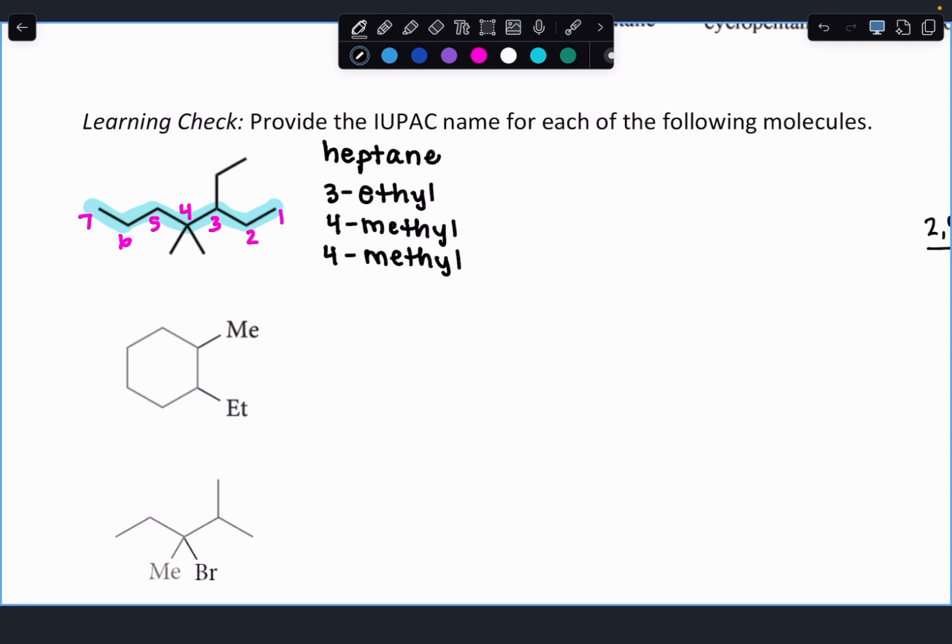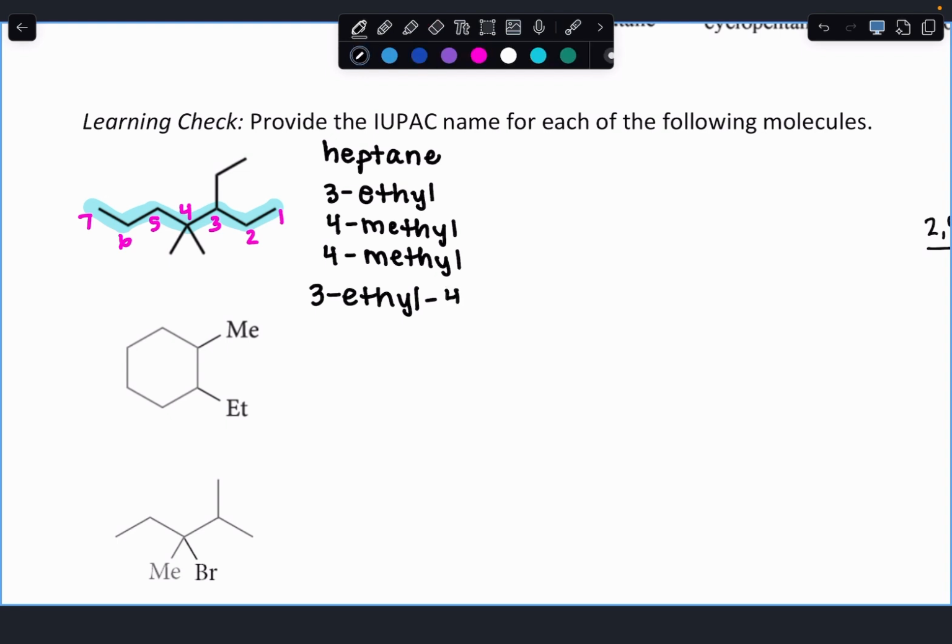Questions before I put it together on how I got those substituents or numbers? Okay, so now we order substituents alphabetically. Ethyl, the E comes before M, so it will be 3-ethyl. And then dash, we have 2 methyls, so we need to use the di prefix, but we still need 2 numbers.